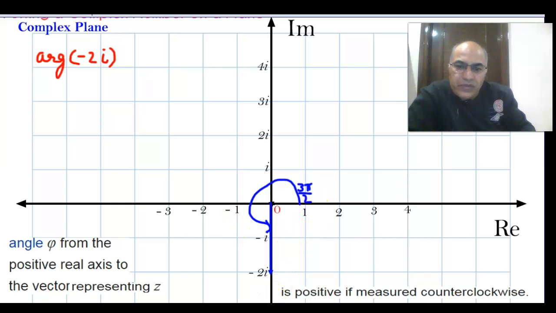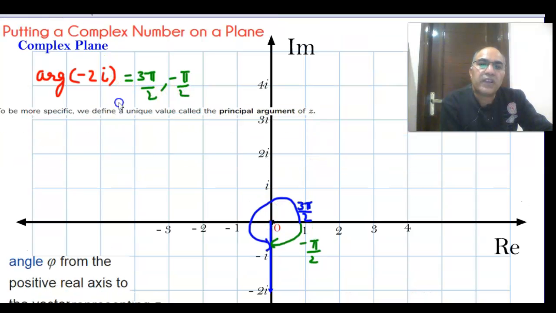If we measure it from the clockwise sense, this measure is pi by 2, but it is in the clockwise sense, so we take negative sign. So argument of minus 2 iota is 3 pi by 2 as well as minus pi by 2.